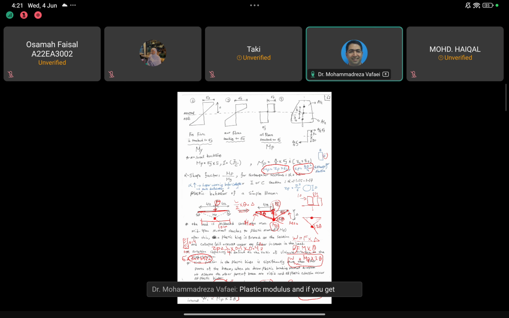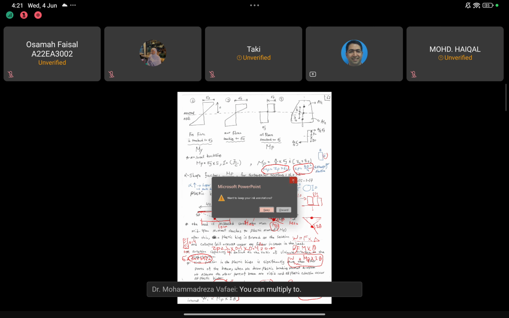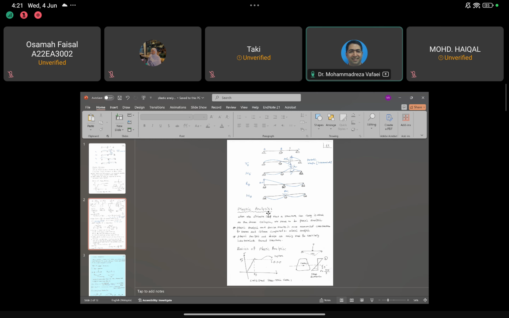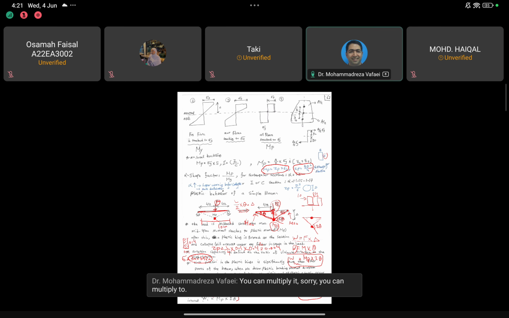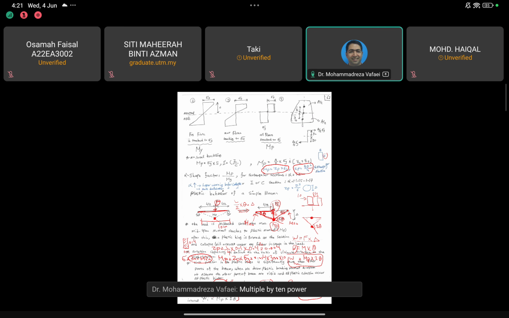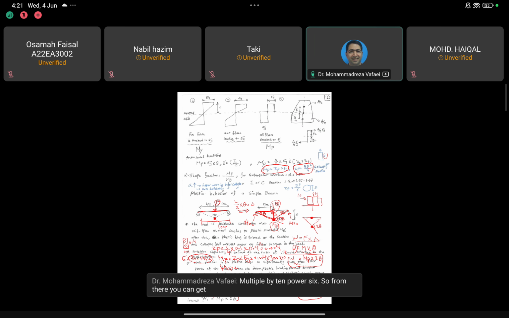And if you get the plastic modulus, then you can multiply it to sigma y and get MP. So MP is ZP multiplied by sigma y, and that is 0.04 multiplied by 300 multiplied by 10 power 6. So from there you can get how much is your MP.